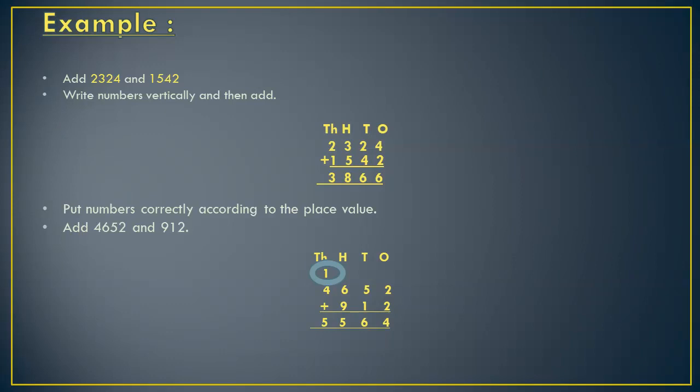Add ones. 4 plus 2 is 6. Then move to next. 2 plus 4 is 6. Then move to next. 3 plus 5 is 8. And the last one is thousands place. 2 plus 1 is 3. So we get 3866.